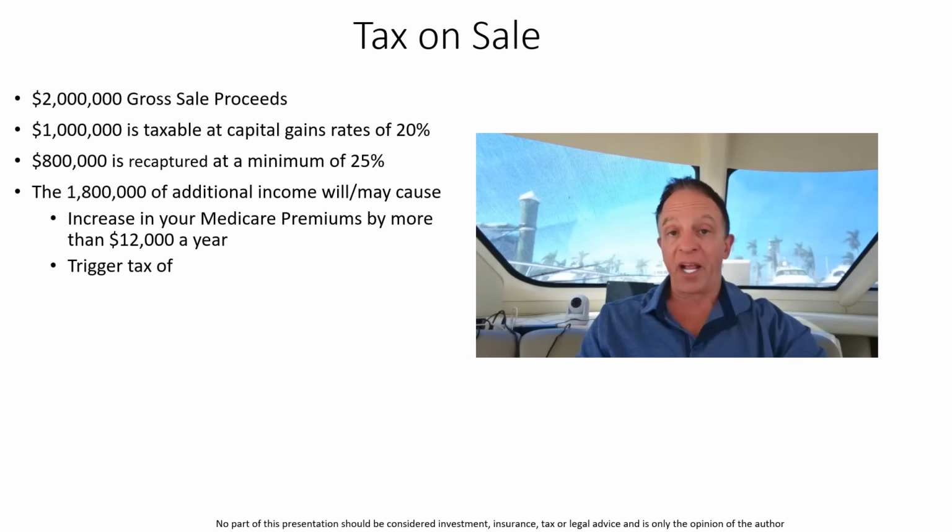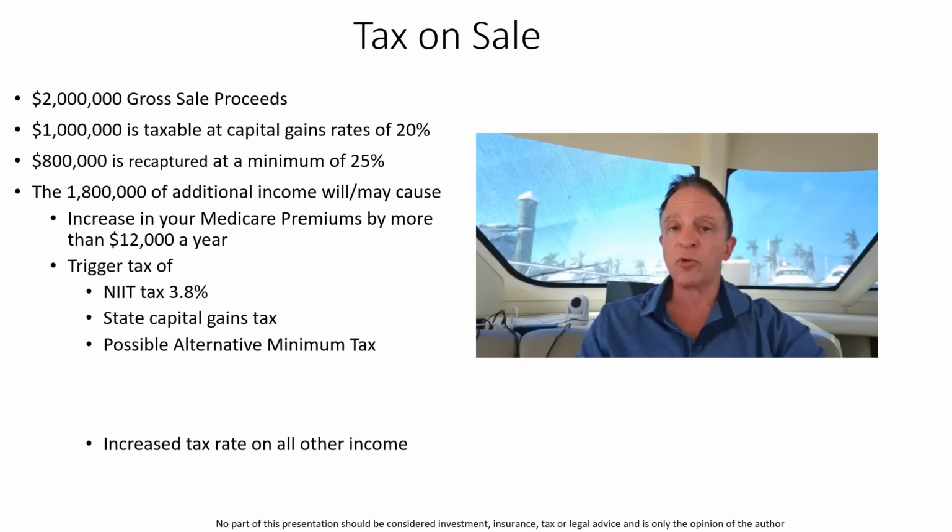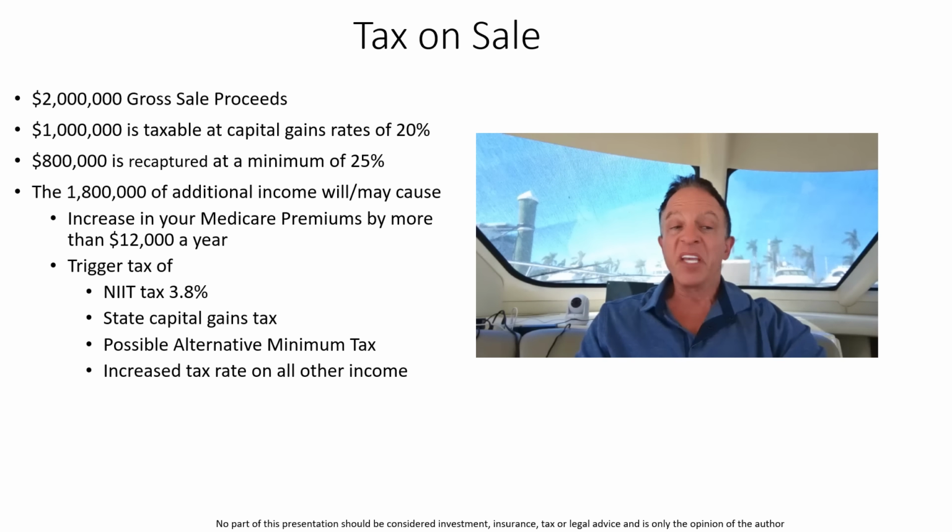Could be more by the time that you watch this with what they're doing with Medicare and Medicaid. The trigger taxes are also the NIIT tax, the state capital gains tax, possible alternative minimum tax. But the bottom line is you're going to increase your adjusted gross income, which then excludes you from a lot of deductions.